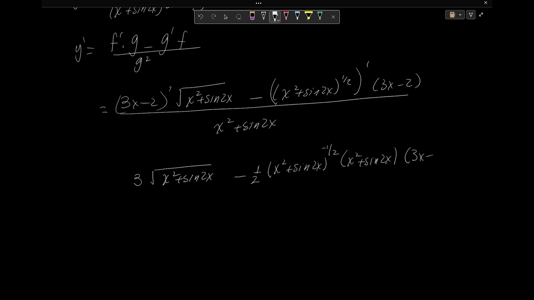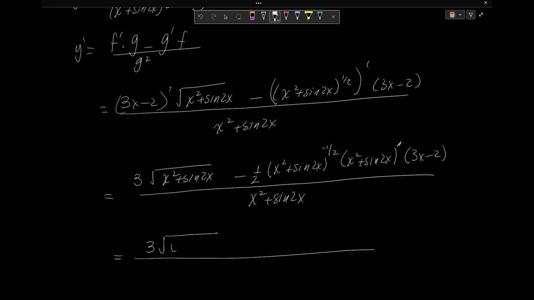Then we have the 3x minus 2 lingering. And we divide this by x squared plus sine 2x. All right. We got to take the derivative of this now. Okay. So let's do it.